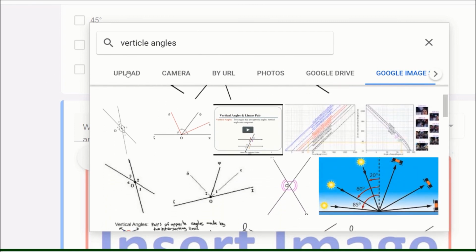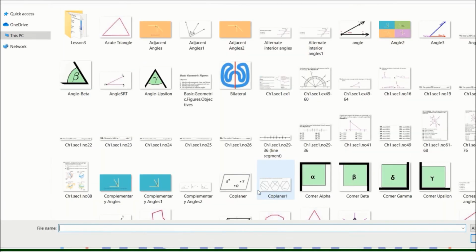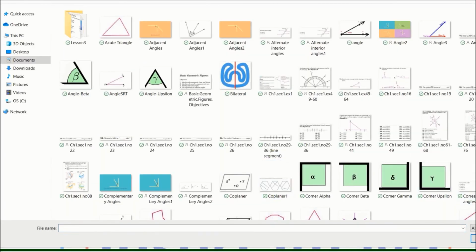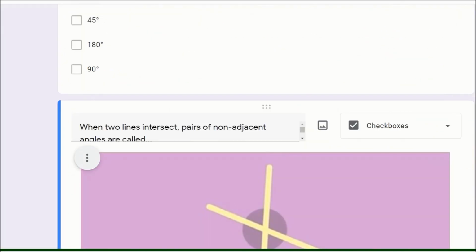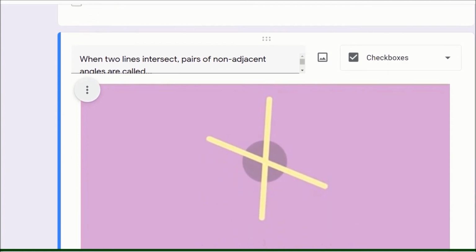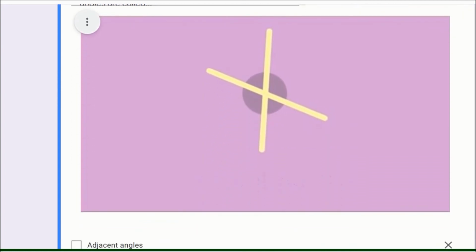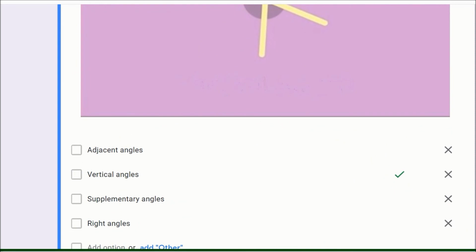And again, I go to my computer to give the students the image that I want them to have, an image of vertical angles. And that's pretty much it for the creative side of it.